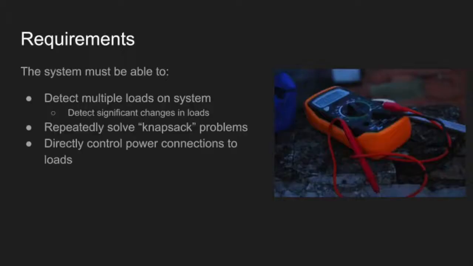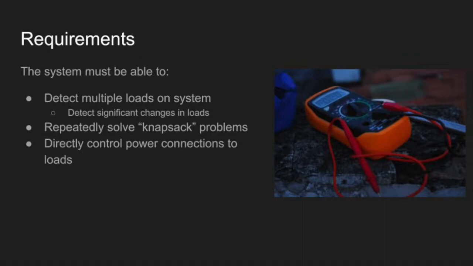So how do we define success for this project? We want our system to be able to accurately measure the loads that it's supplying, because if it can't accurately measure the loads, then it won't know which loads draw how much power, and we obviously don't want to overdraw.